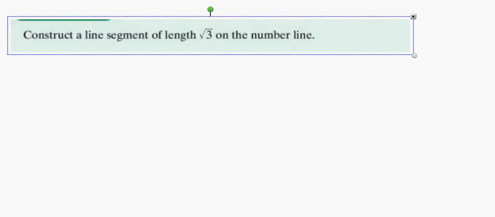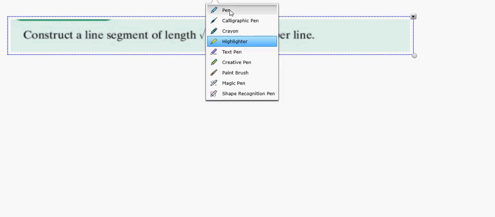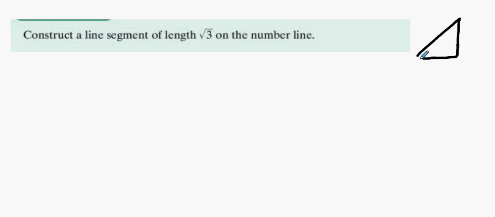root 3. What triangle did we say we got root 3 out of earlier? 2, 1, and then that's root 3, wasn't it? Right. Let's start off the same way we did last time. What did we do last time, Charlie? Number line, 1, 2. Okay, small dot.